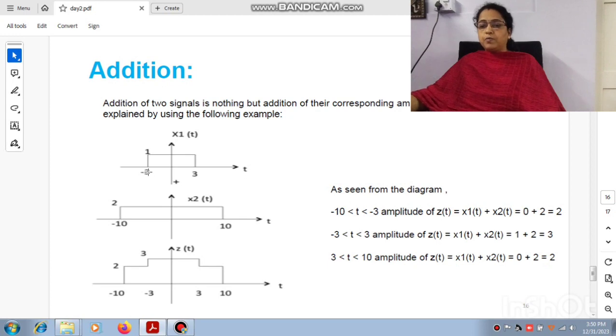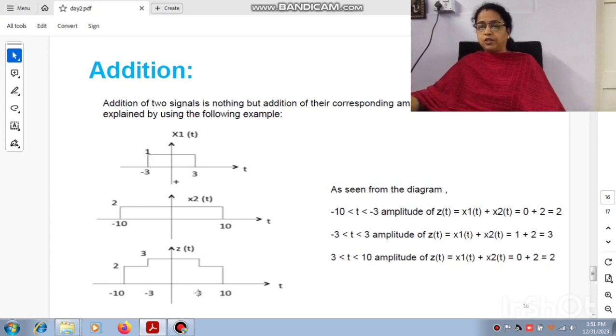From -10 to -3, only x2 is existing, whose amplitude is 2, and from -3 to 3 both the signals' amplitudes are added. This signal has amplitude 2, this has 1, 2 plus 1 is 3.